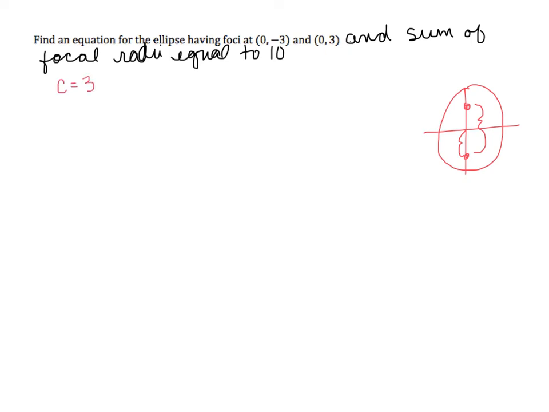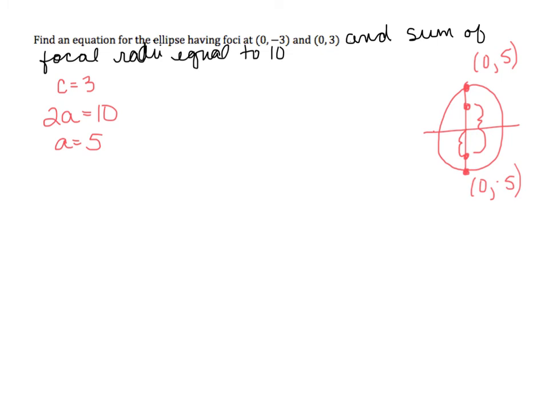Sum of focal radii is 10, and that actually gives us our a value. The formula in your textbook tells us 2 times a is the sum of focal radii. So a, in this case, is 5. That means on my major axis, my intercepts are 0, 5, and 0, negative 5. And now that I have that information, I can find the coordinates for my x-intercepts.